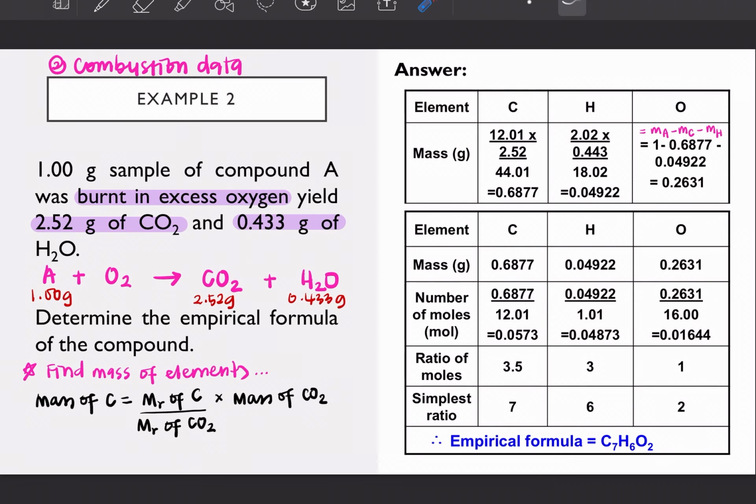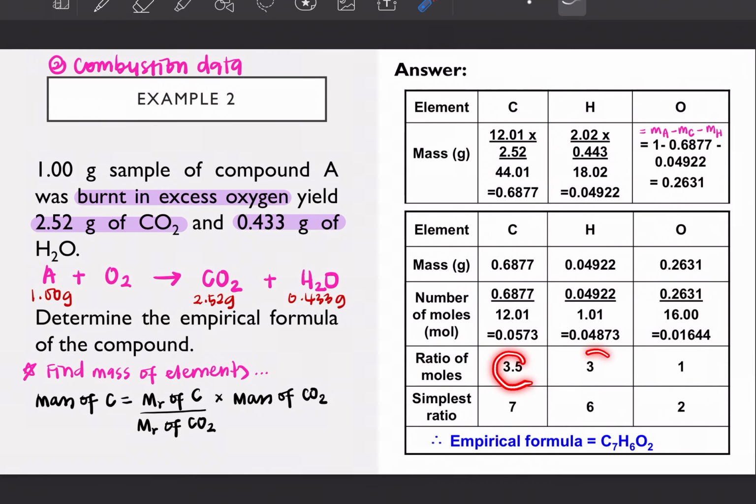Once you have them, we will find the ratio of moles. You pick the one with the smallest value. So we find this is the smallest value. Therefore, you are going to divide all of the moles by 0.01644, and similarly for this one. And then you get the ratio of your moles.